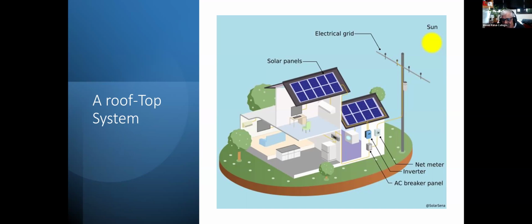There's a breaker panel to control the electricity, obviously. But then it actually goes to a meter, which is a net metering system. Net metering is the difference between the electricity generated from the PV system and from the electric grid. And that's how you cut down the electric usage of your house.